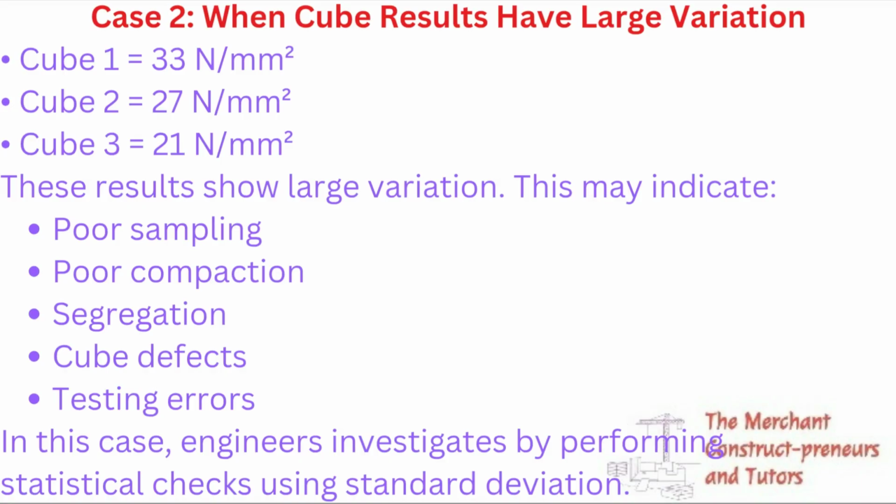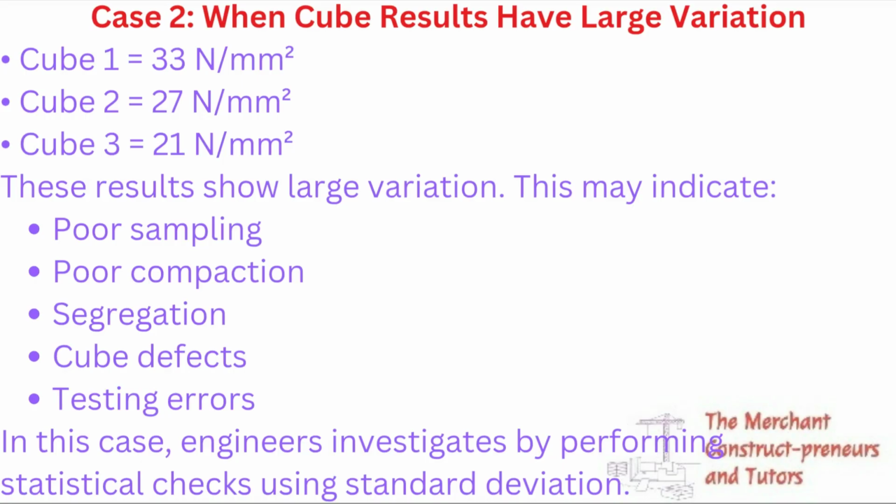This may indicate poor sampling, poor compaction, segregation, cube defects, or testing errors. In this case, engineers investigate by performing statistical checks using standard deviation. You don't just see a test result, look for the average once and for all, and think you are done. No, things aren't done that way. You need to understand the cause.